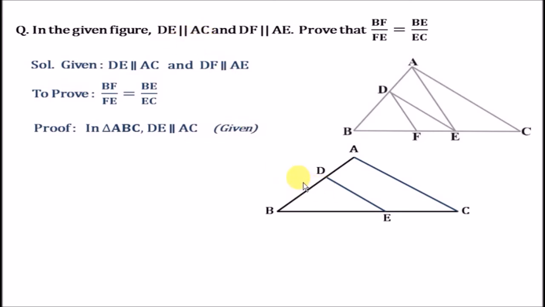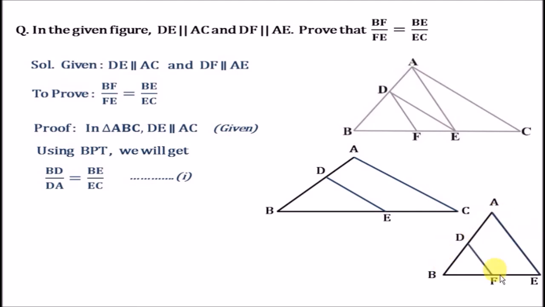So by BPT, we can say that DE will divide the two sides BA and BC in the same ratio. Using BPT, we will get BD by DA equals BE by EC. We will put this as equation 1. Now next, it is given that DF is parallel to AE, and this can be worked out in the triangle ABE.